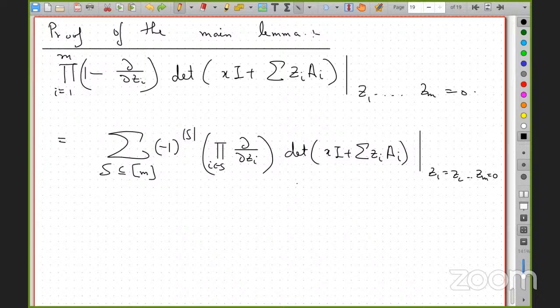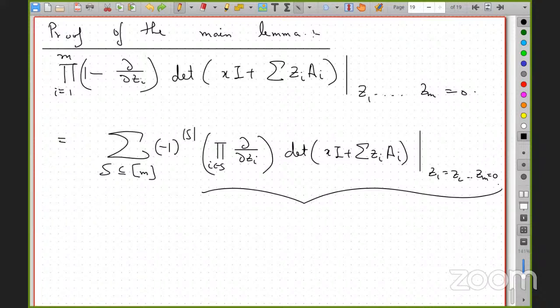The ones where all the exponents are exactly 1. The only thing that survives is exactly the coefficient of that term in the polynomial in which the powers of the zi which are in S is exactly 1.